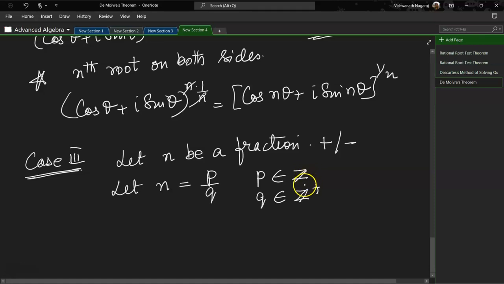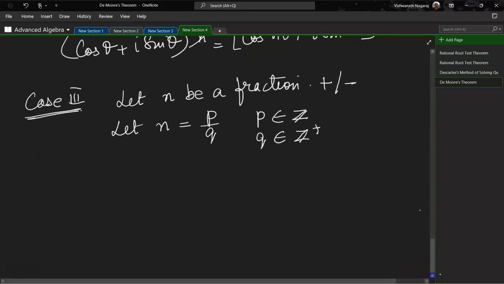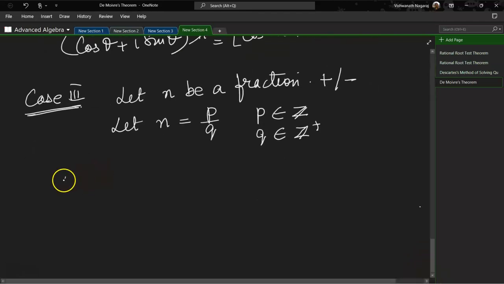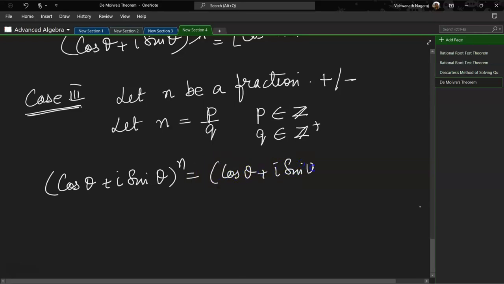Otherwise p may be negative and q negative, and anyhow we end up with positive. So to avoid that we restrict it, but still cover the possibilities. Now remember, (cos theta plus i sin theta) to the power of n is equal to (cos theta plus i sin theta) to the power of p by q.